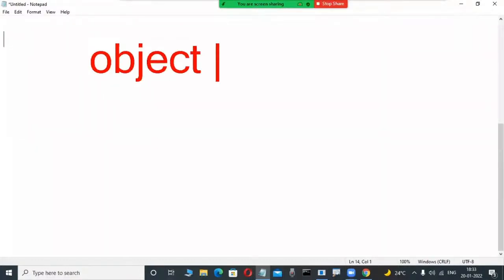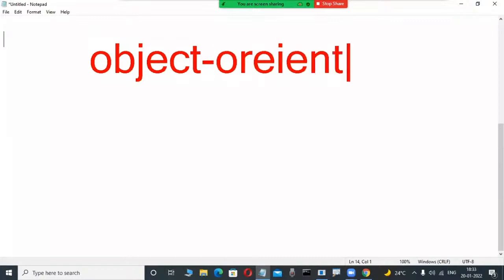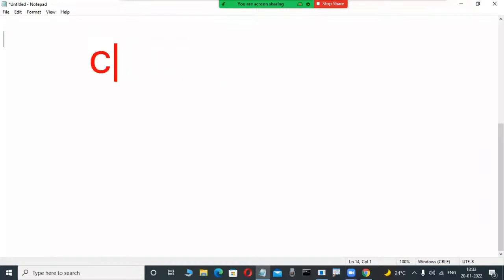Suppose so many object-oriented languages are there. A little bit of technical knowledge is there. Object-oriented languages exist worldwide. What are they? C++ is an object-oriented language. Java is a popular object-oriented language.